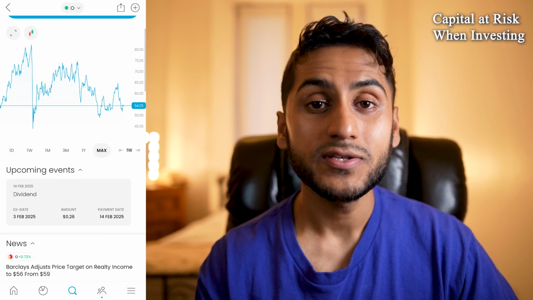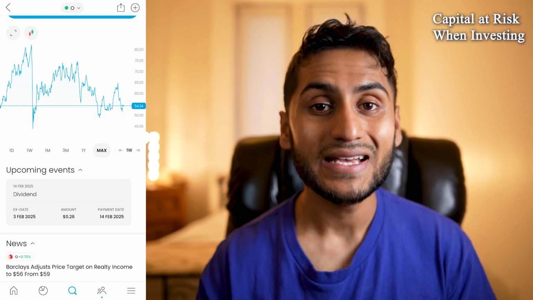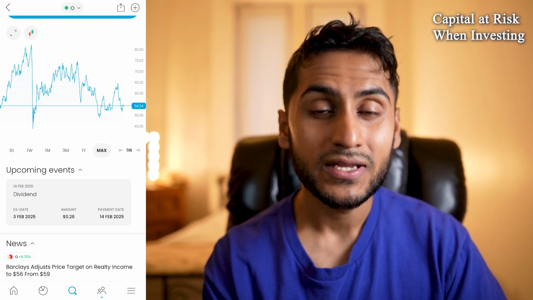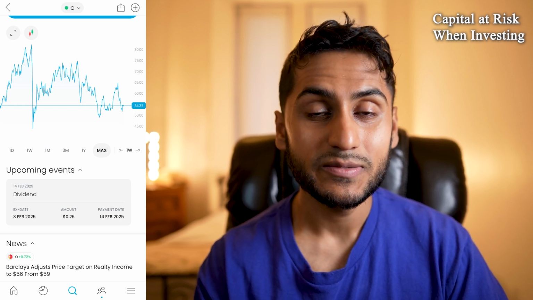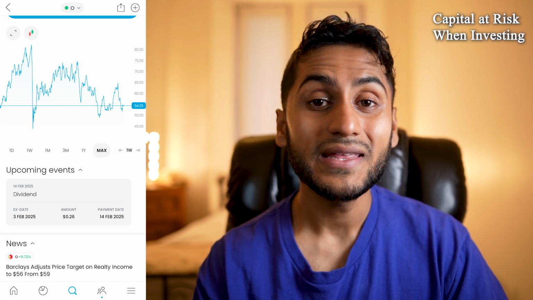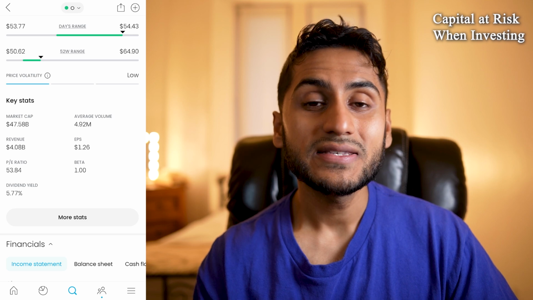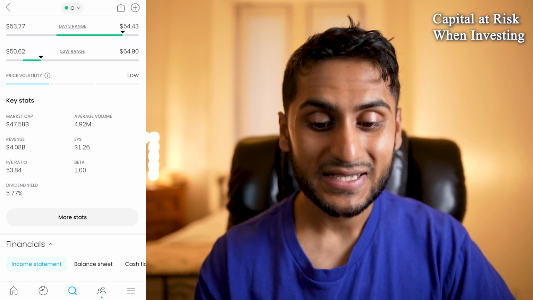Now, bear in mind, because we are UK investors, most of us anyway, there will be some sort of withholding tax on these dividends. So you're not going to get that complete amount, 26 cents per share. On top of that, currency fluctuations between the dollar and the pound would mean that the amount you get is not exactly this. But anyway, we can see with Realty Income, there is a very high dividend yield of 5.77%.